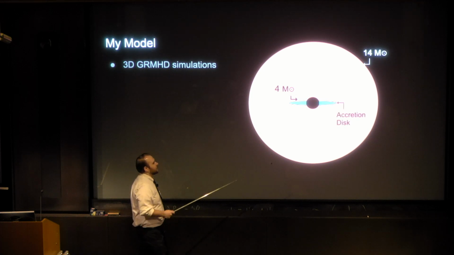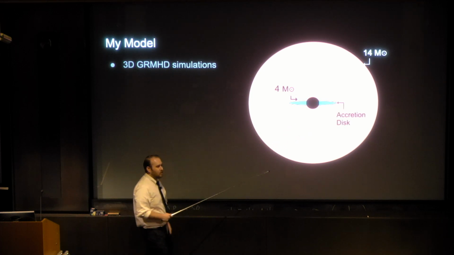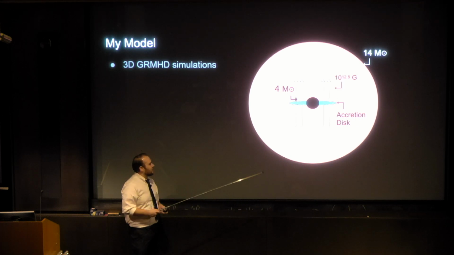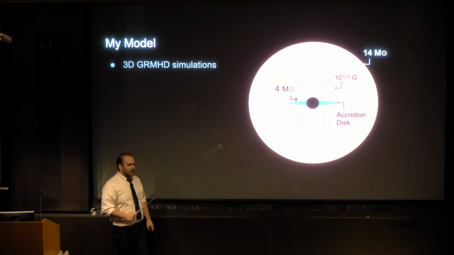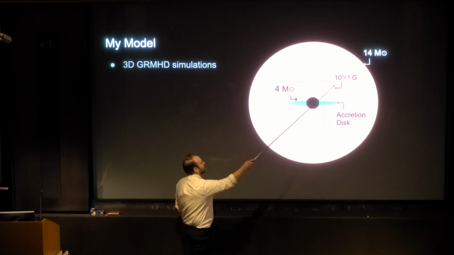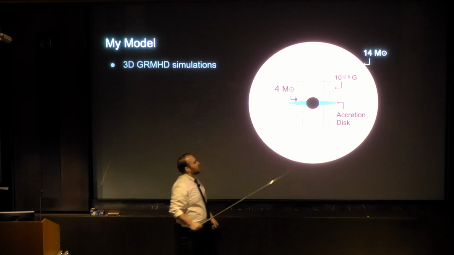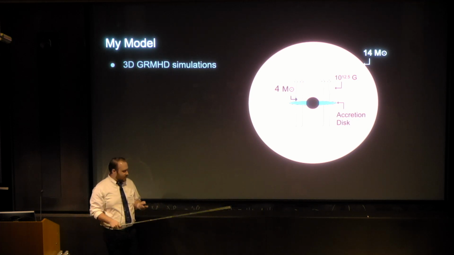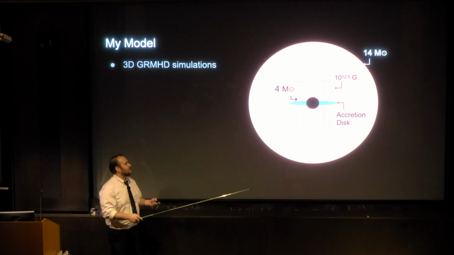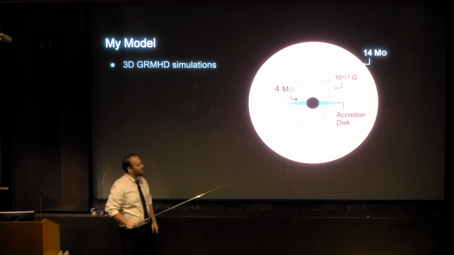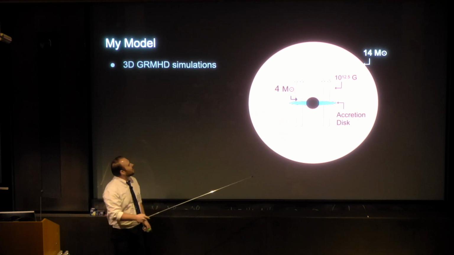This rapid rotation causes an accretion disk to form almost immediately after collapse. The magnetic field lines from the star get accreted into the disk, and we have a magnetic field strength of 10^12.5 Gauss, which is approximately the strength of a neutron star. Insane, like hundreds of thousands or millions of times stronger than the magnetic field of the sun.